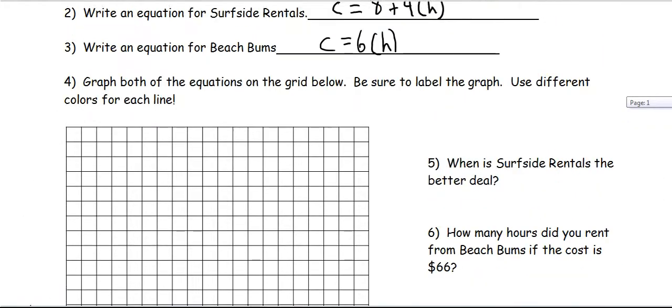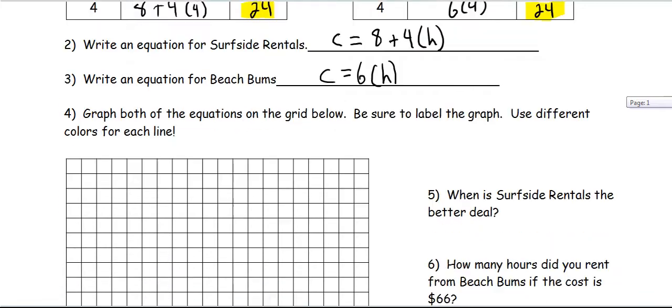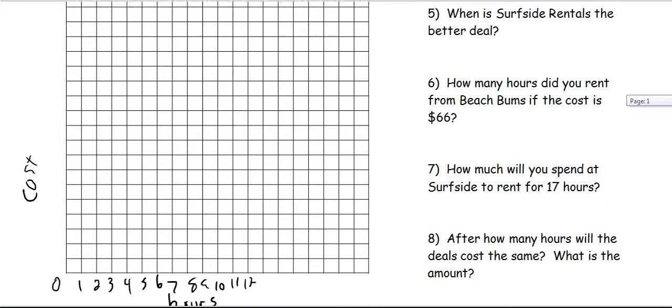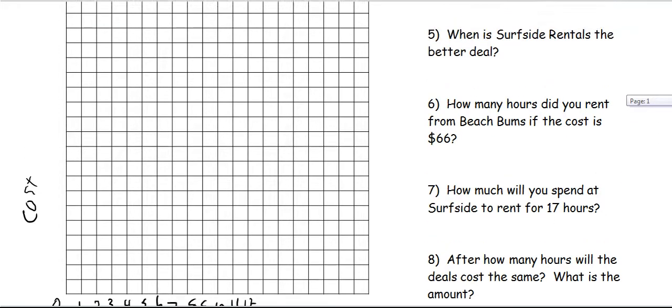Now, we need to be able to get to at least $24, but let's go by twos here. Let's count the number of lines available: 1, 2, 3, 4, 5, 6, 7, 8, 9, 10, 11, 12. Yeah, we can do it.